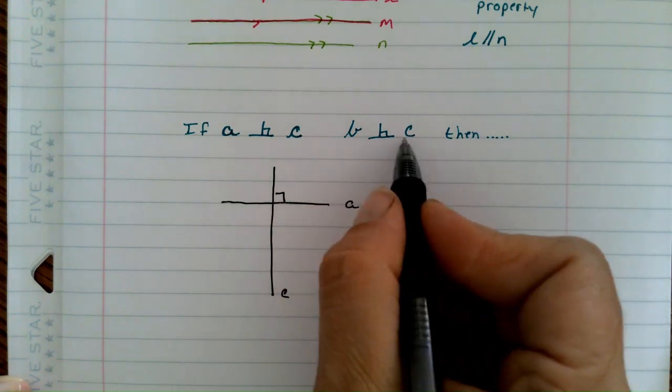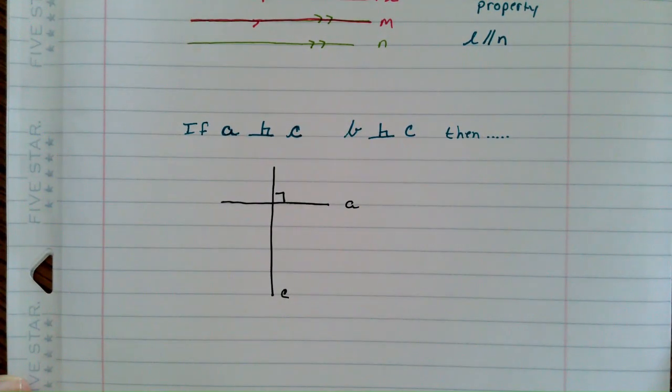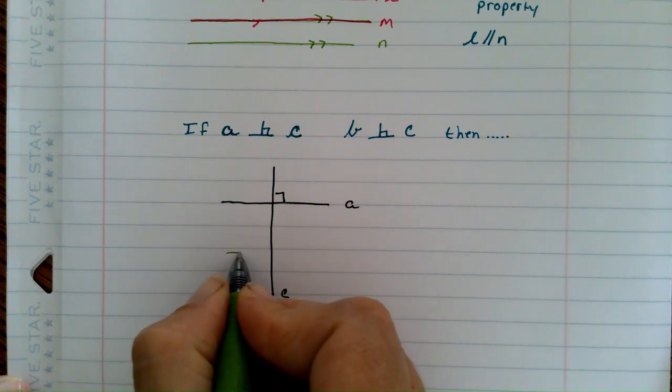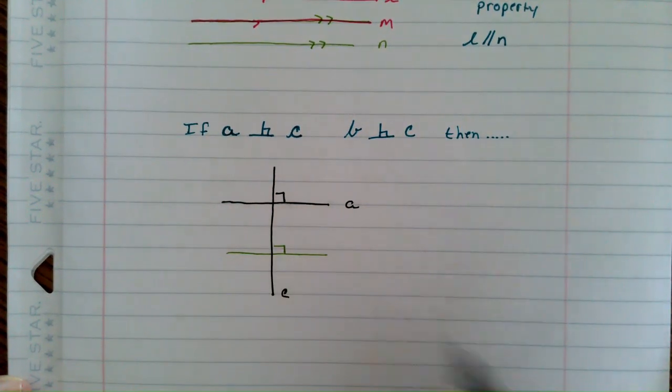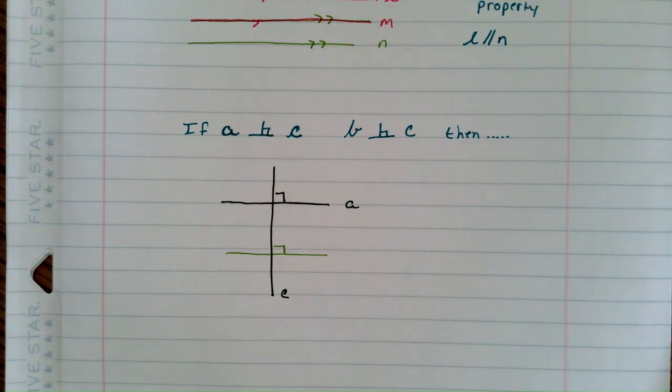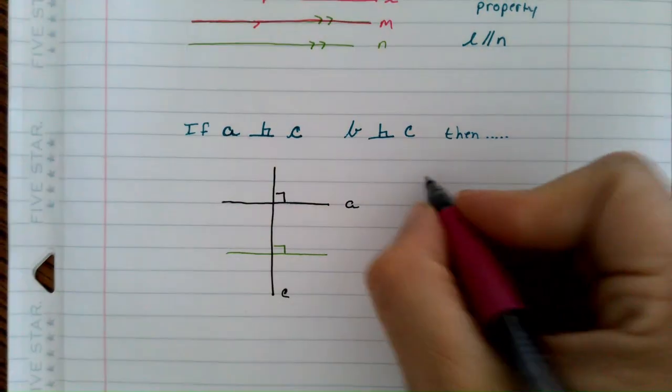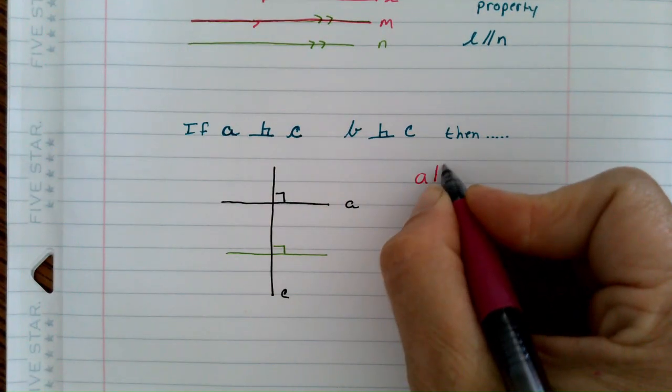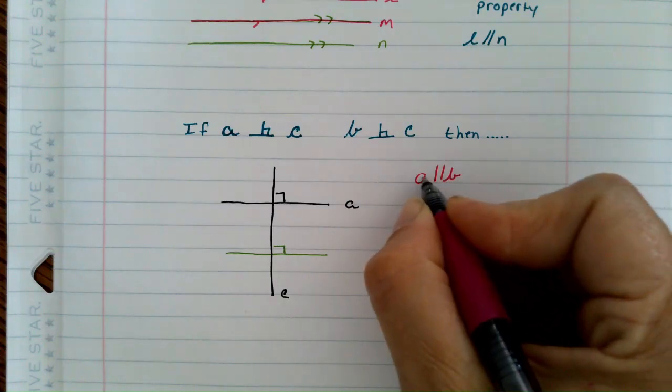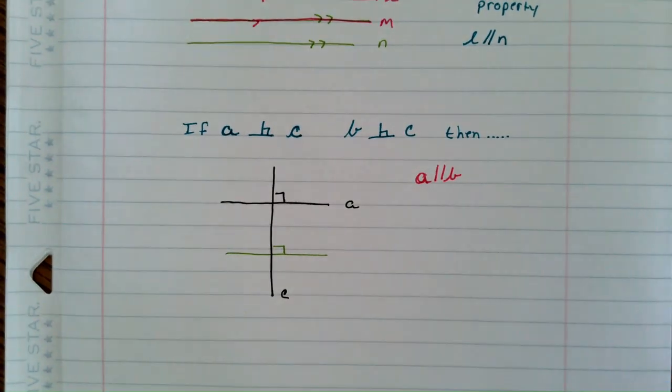Well, B is supposed to be perpendicular to C. So I'm going to come in here and put a B perpendicular to C. What do we notice about A and B? They're parallel, aren't they? A is parallel to B. I'm trying to do my cursive.